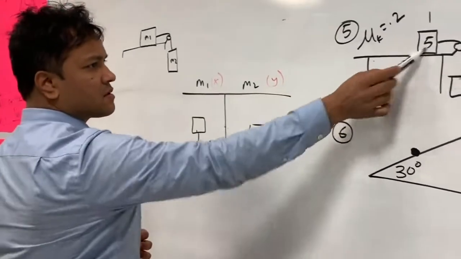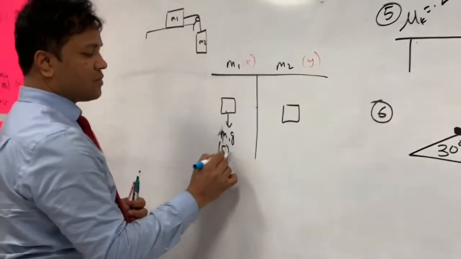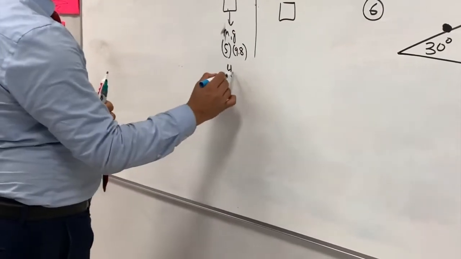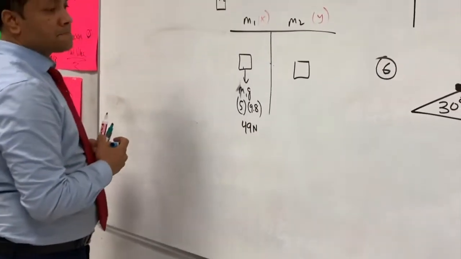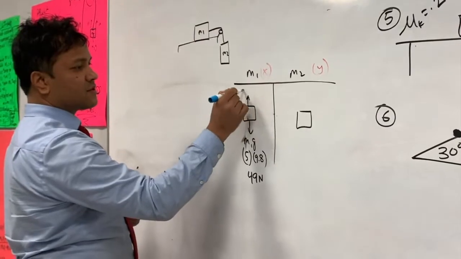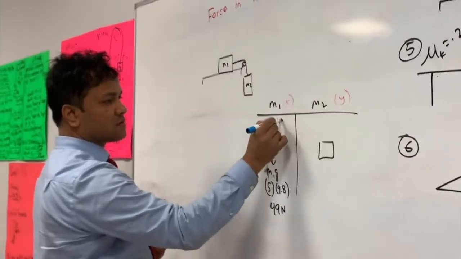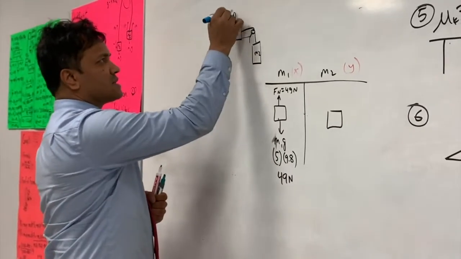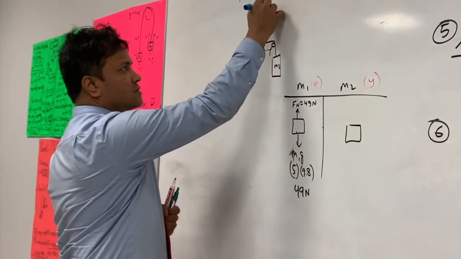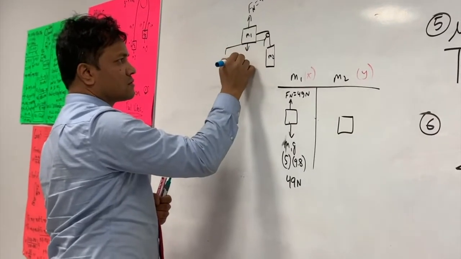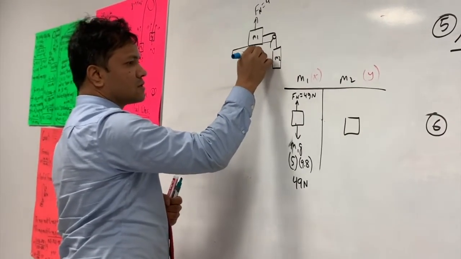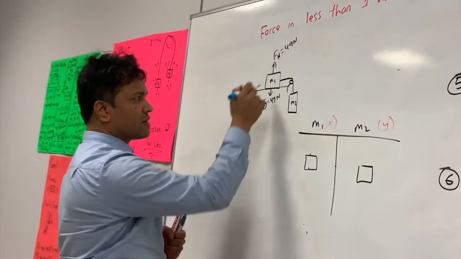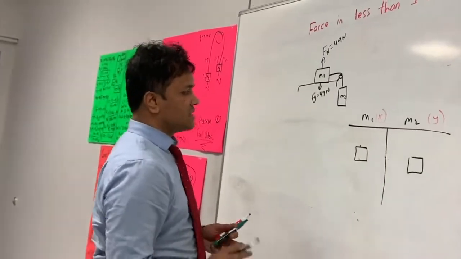M1 is 5, so 5 times 9.8 is 49 Newton. So Fn is 49 Newton. Let's write it over here because this gets too crowded. We don't care about the y direction for this one, only the x direction.